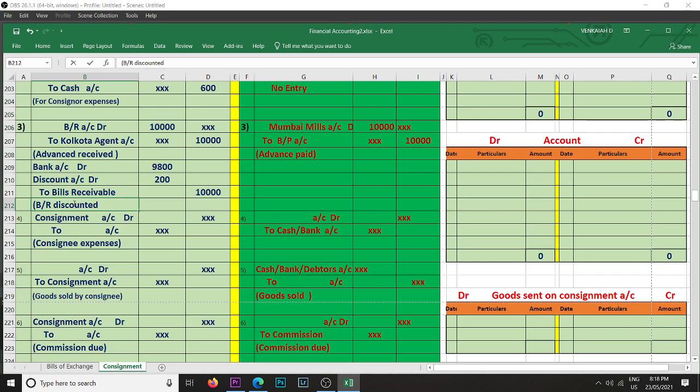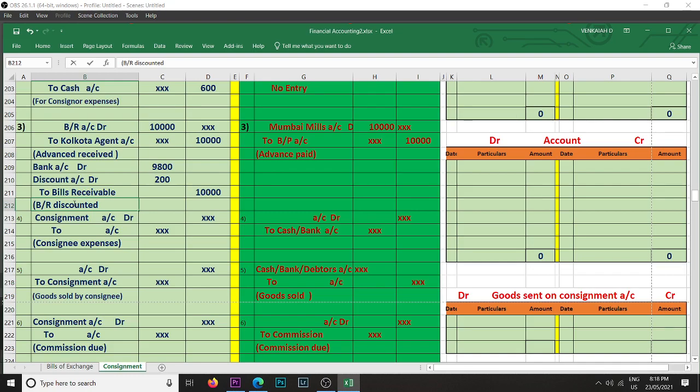Right. Commission is already very clearly given as 700. No percentages, directly the amount. So 700. Next entry is for commission. Consignment account debit to consignee account.